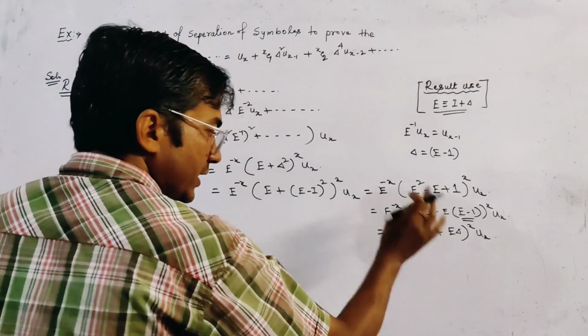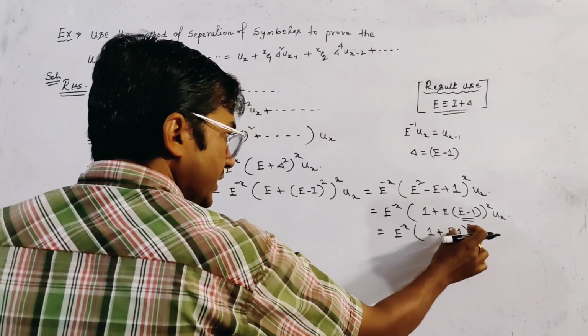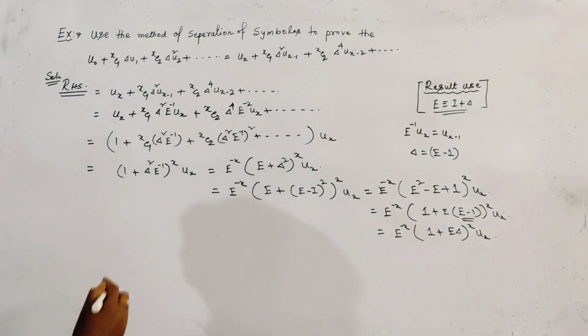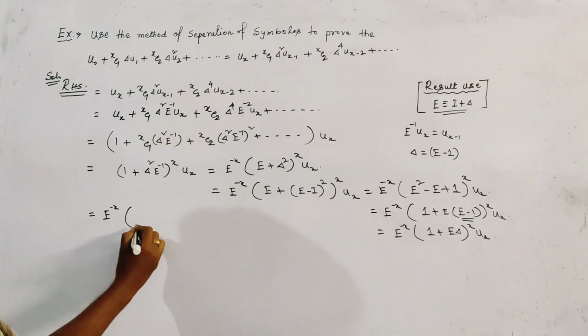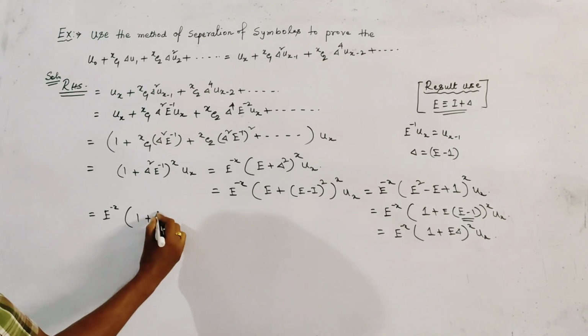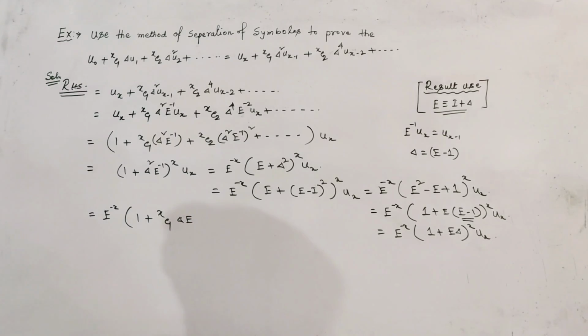This is the result. Now we expand this series again in binomial series and get the result as E^(-x) (1 + xC1 ΔE + xC2 Δ²E² and so on) ux, because E and Δ commute with each other.